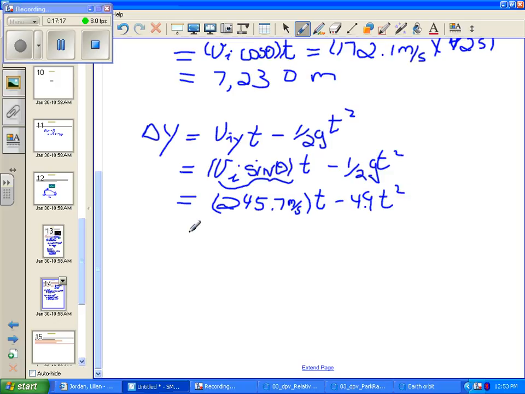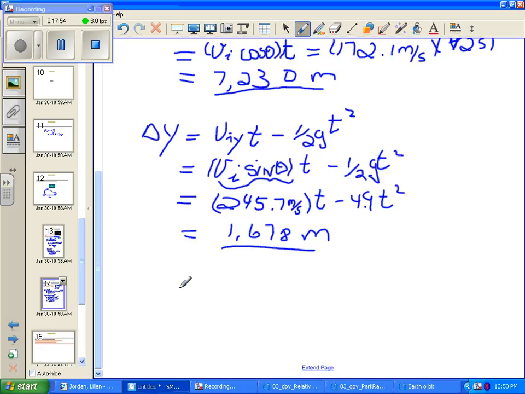We substitute 42 seconds for t, and we obtain the result of 1,678 meters. So by the time this projectile strikes the side of the mountain, it has trekked a horizontal distance of 7,230 meters and a vertical distance of 1,678 meters above the launch position, okay? Because this is positive, it indicates that the displacement is in the positive direction.